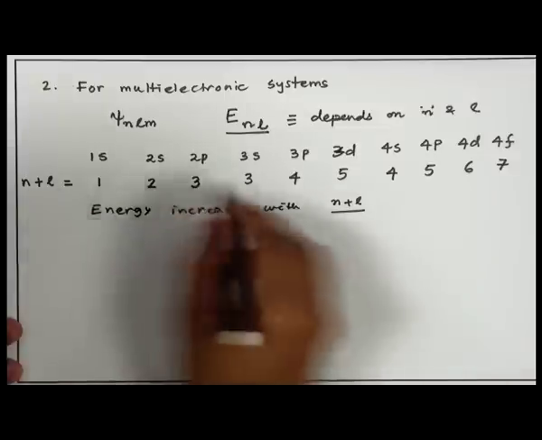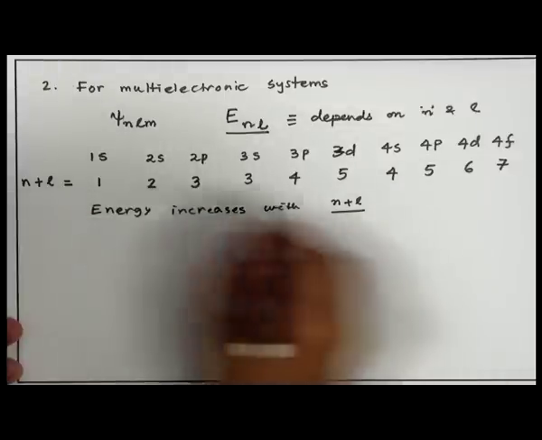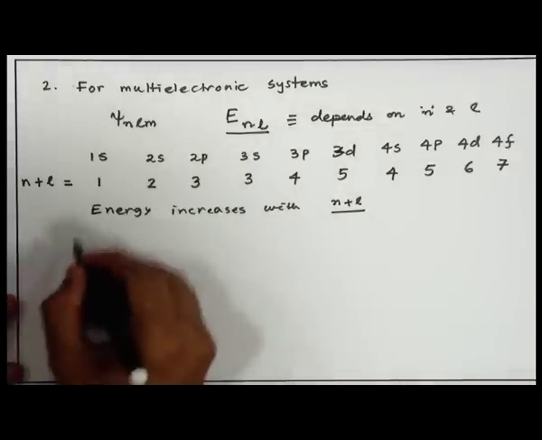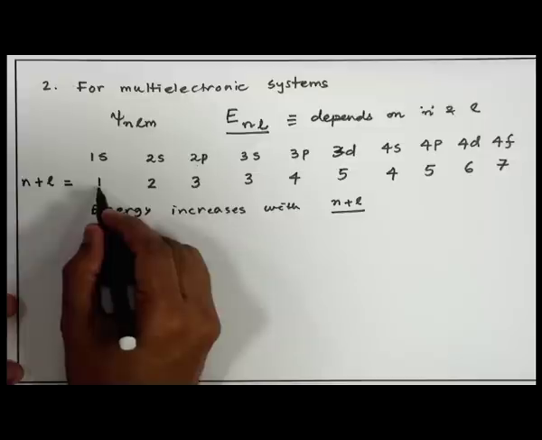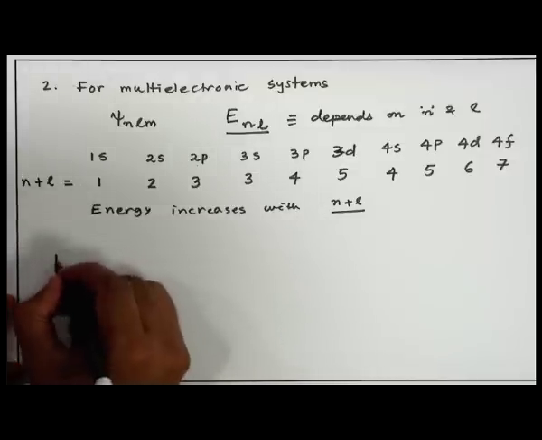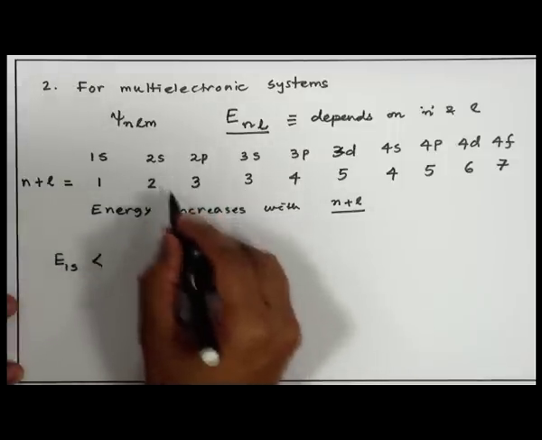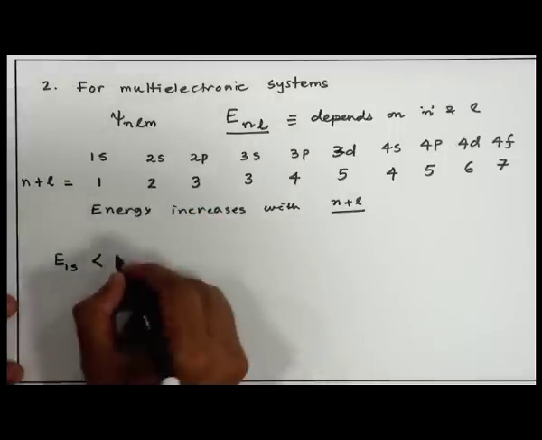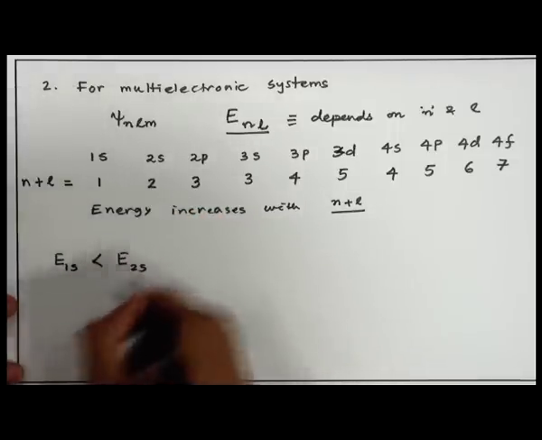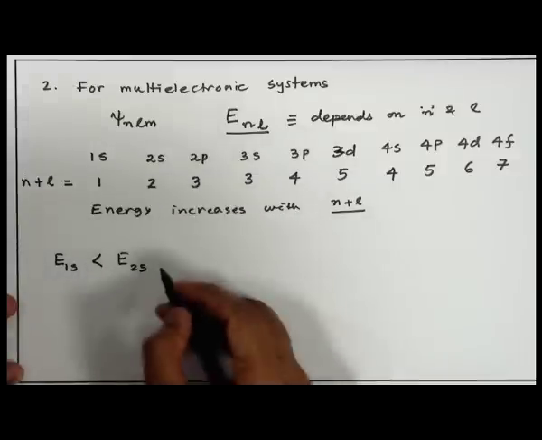Now, if we want to write down the energy levels in increasing order, this is how it will be. The lowest value of n plus l is for 1s, so this is the lowest energy, E1s. Its energy is less than, what is the next value of n plus l? That is 2, because of the 2s orbital, and what is the next one?